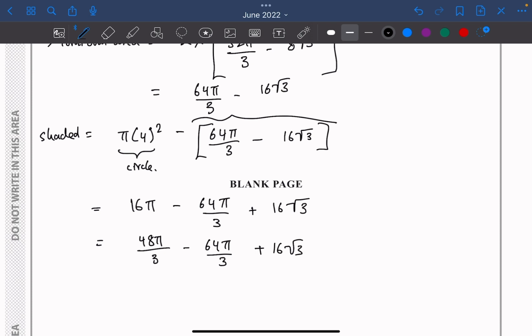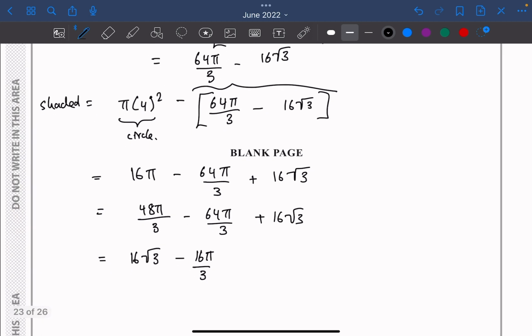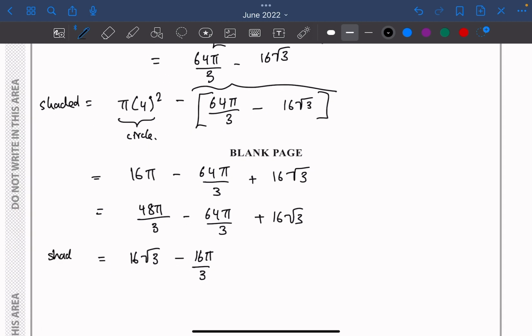Right. Now this would be equal to 16 root 3 minus 16 pi over 3. Okay, so that should be the answer for this question. So that would be the area of the shaded bits.